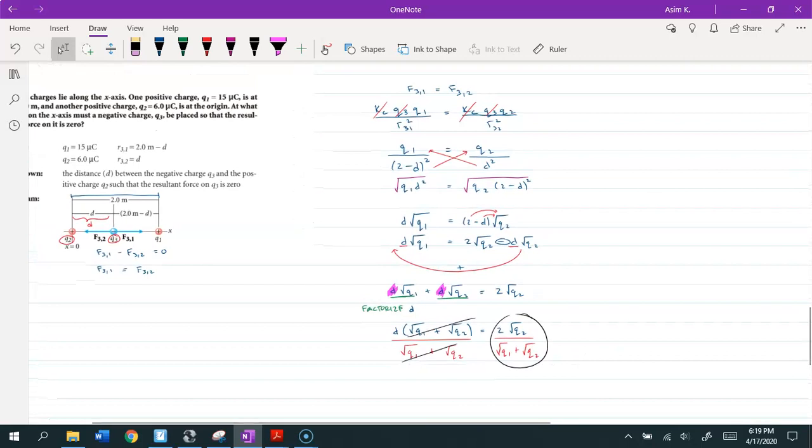So in the equilibrium problem, it really starts off with you setting up an equation that involves equaling out the forces. Then in step number 2, you basically cross multiply. In step number 3, what you do is you take square roots. In step number 4, you use the distributive property.